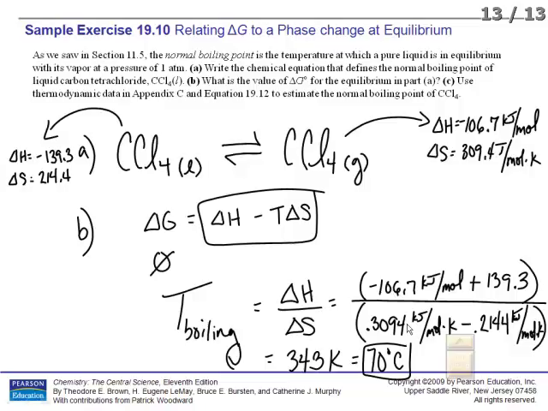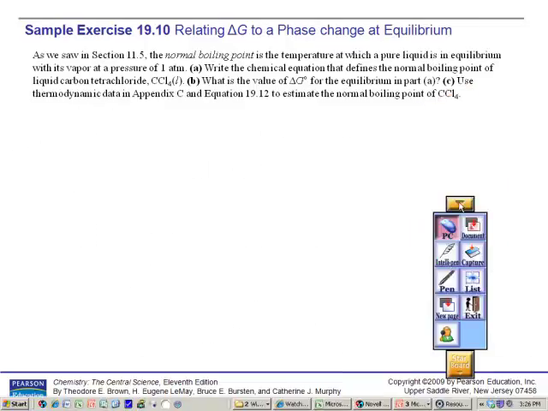Did I do 2 steps in one? Oh, right. This has to be 0 because it's at equilibrium, and then part C is right here. Okay, got it. So part A is the equilibrium, part B, delta G is going to be 0 because it's at equilibrium, and then part C, we figured out your T boiling, temperature boiling. Okay, sorry about the confusion. Moving on.